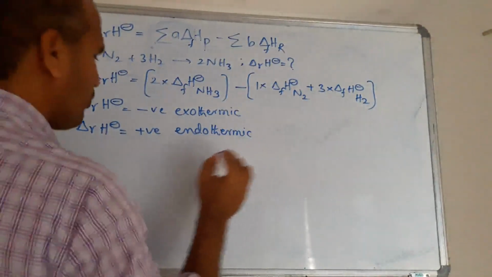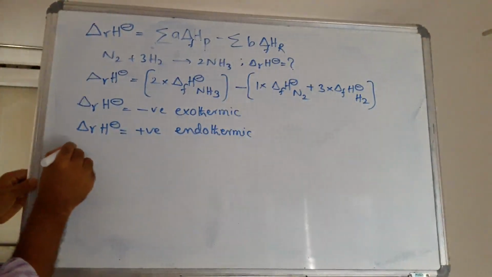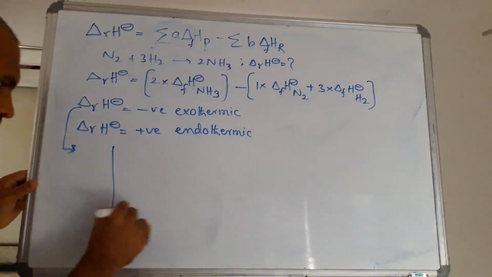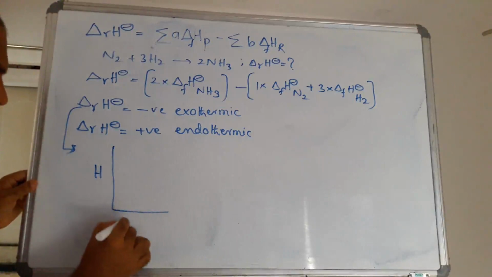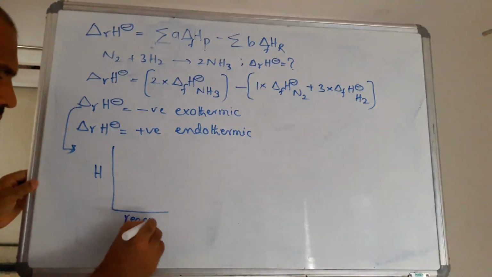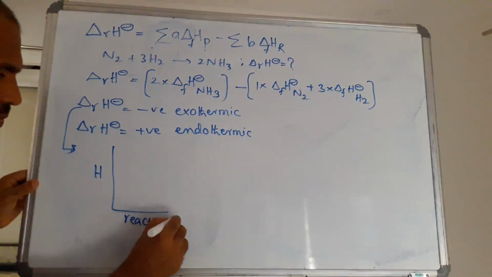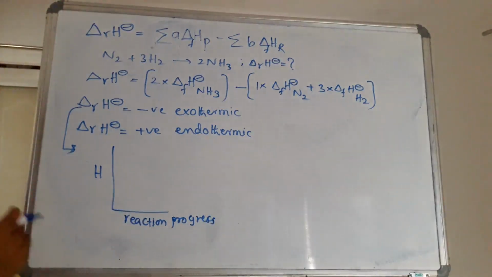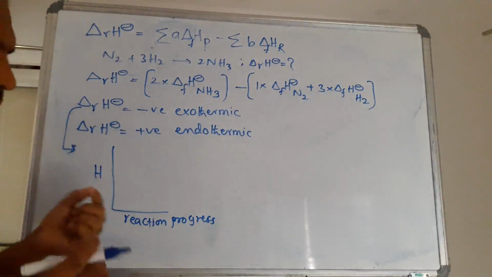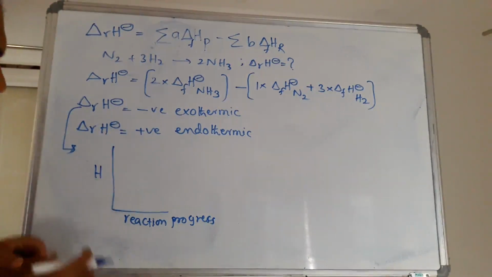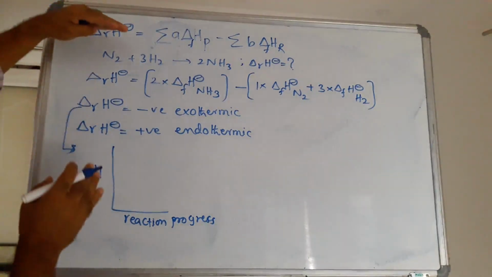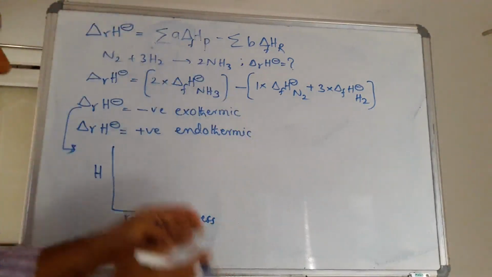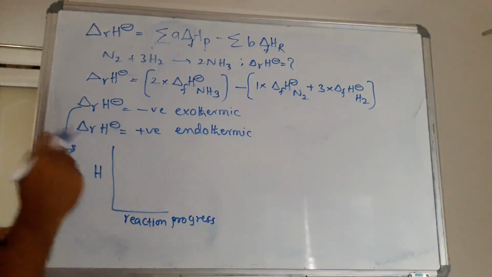Exothermic meaning, I will write here first. This is enthalpy, and this is reaction progress. The enthalpy change is negative, indicating a loss. Loss means the reactant is at the higher energy level and the product is at the lower energy level. The reactant loses energy and is converted into a lower energy level, so the product is more stable.